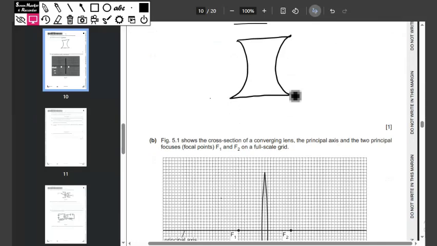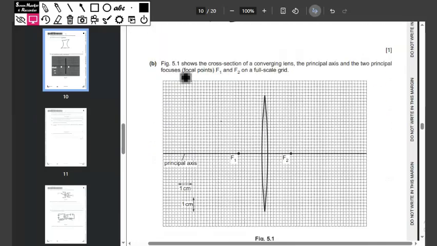Okay, so question B. Figure 5.1 shows the cross section of a converging lens, the principal axis and the two principal focuses, focal points f1 and f2 on a full scale grid. So this is a converging lens. This line over here is the principal axis and two focal points are labeled f1 and f2.